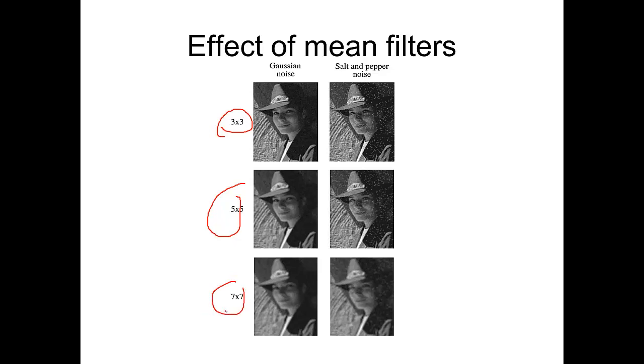That means the size of H is 7x7. So you see here, if the size of the filter is smaller, some noise is still there. But with a larger filter, the image will be blurred. So how to select the size of the mean filter is important.